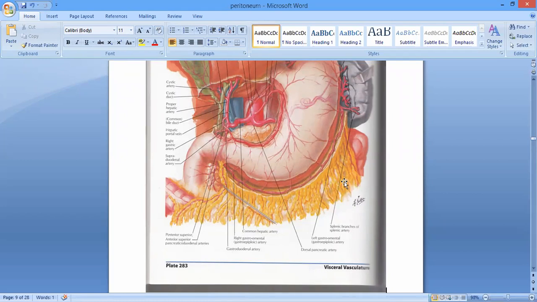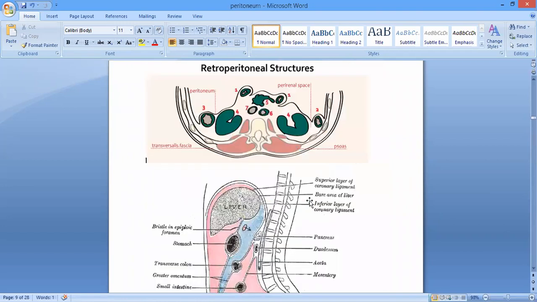And number 3, it also limits infection by its physical presence. I'll just show you.